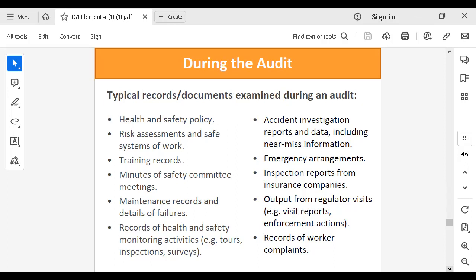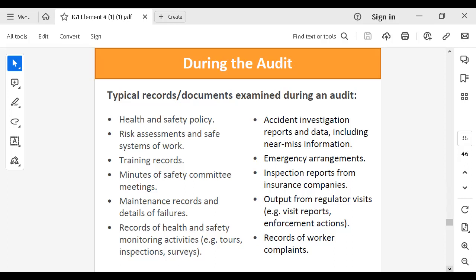And then they will check the records of health and safety monitoring activities, for example, tours, inspections, surveys, accident investigation reports and data, including near miss information, and emergency arrangements. Physically, they will check the emergency arrangements. The inspection reports from the insurance company, they will check.